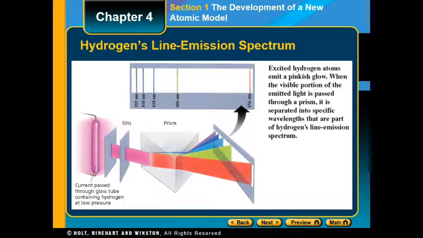And prisms, they have gradients to break apart what you see. You know, just from working with different inks, if you mix yellow and blue together, you get green. If you mix red and blue together, you get purple. Light works in a very similar way.